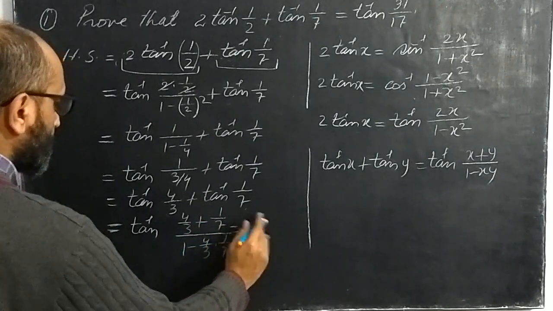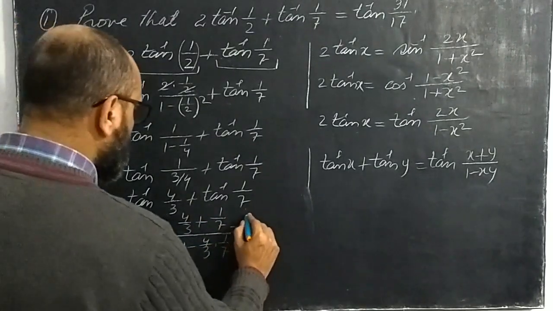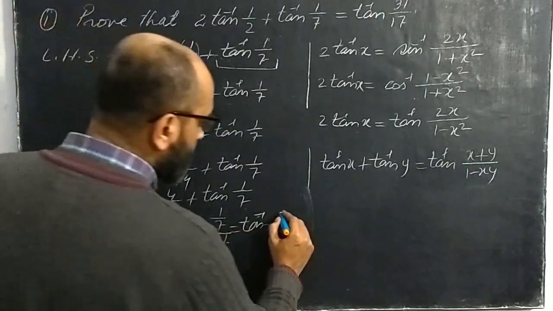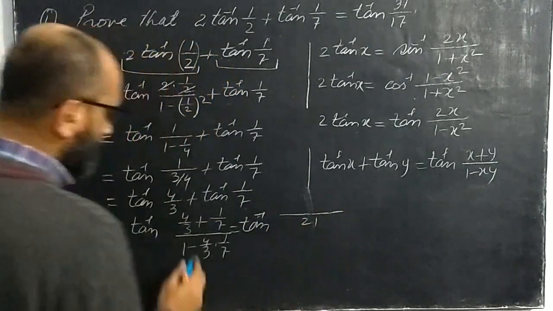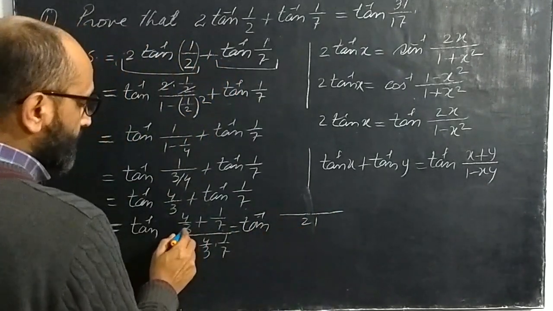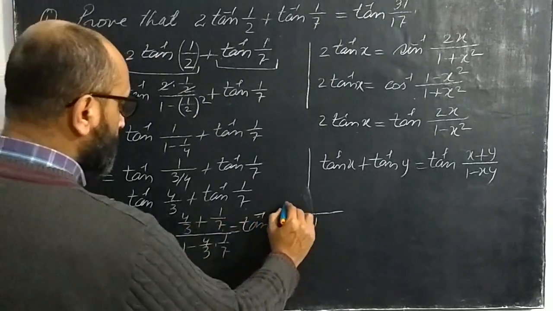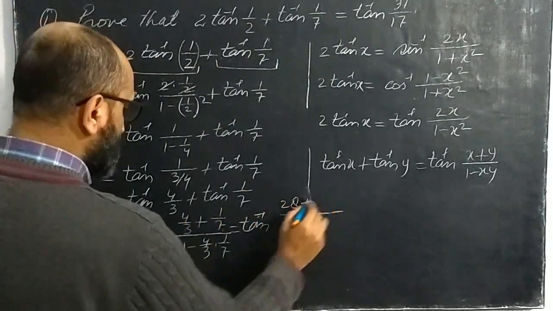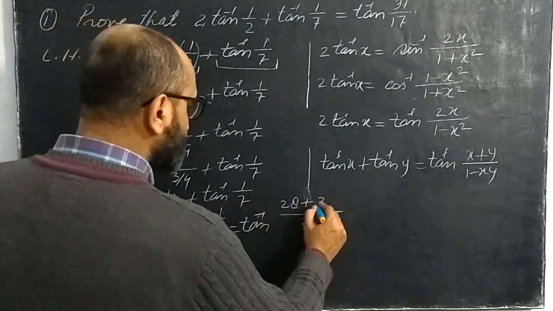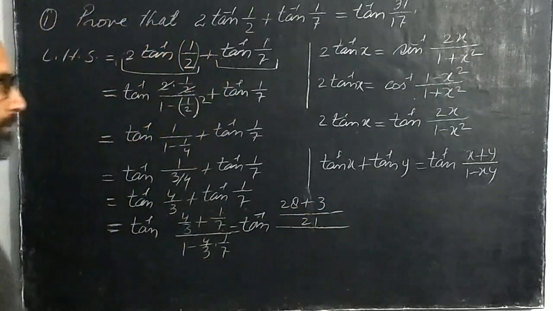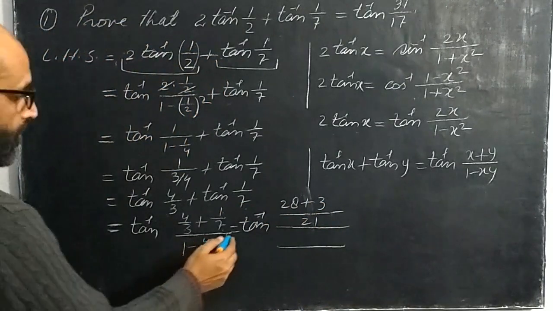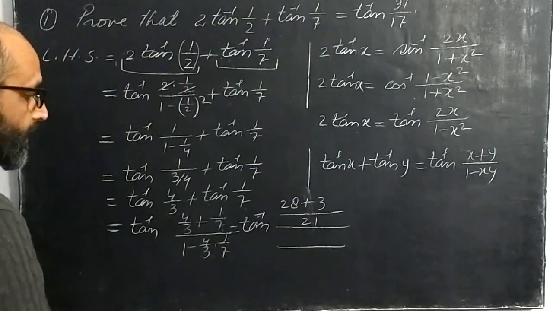So simplifying this, we get tan inverse, and in numerator we get LCM, which is 21. Dividing 21 by 3 we get 7, 7 will multiply 4, 7 4s are 28, plus 7 will divide 21 3 times, and 3 will multiply 1, 3 1s are 3. So in the numerator we get 28 plus 3 upon 21, and in denominator if we multiply 4 upon 3 and 1 upon 7 we get 4 upon 21.